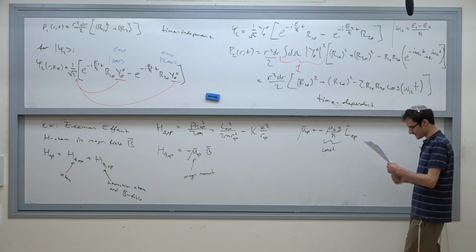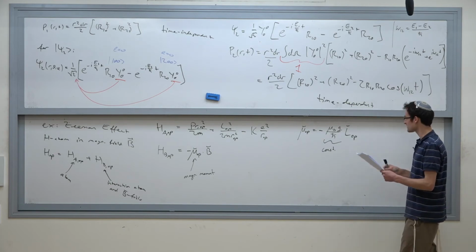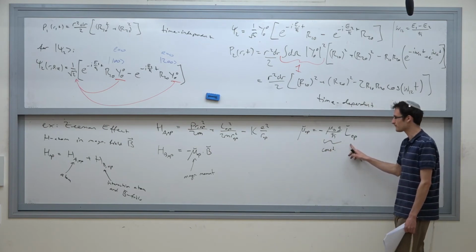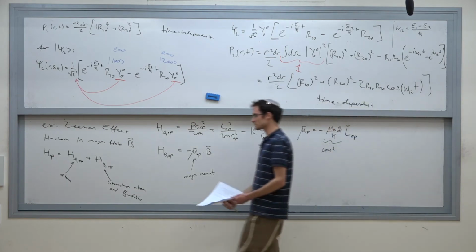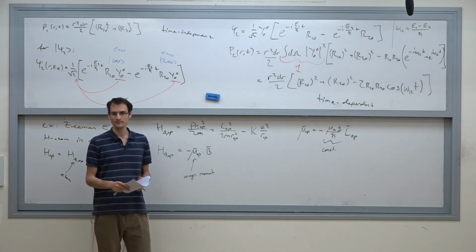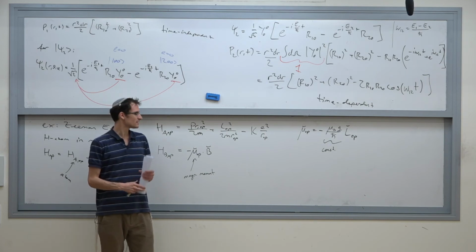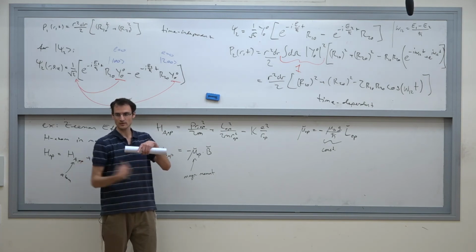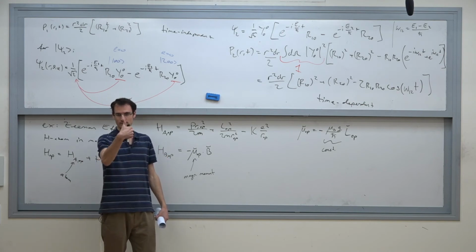Now this makes intuitive sense. Let me try to explain why the magnetic moment is the same as angular momentum. In order to understand this, we could just consider the classical picture. Why is there angular momentum in an atom? Because in the classical picture, the electron is circling the nucleus. If something is doing a circular motion, it carries angular momentum.